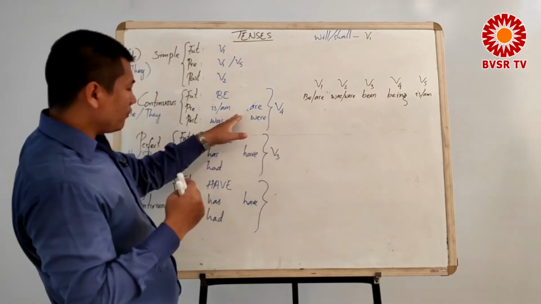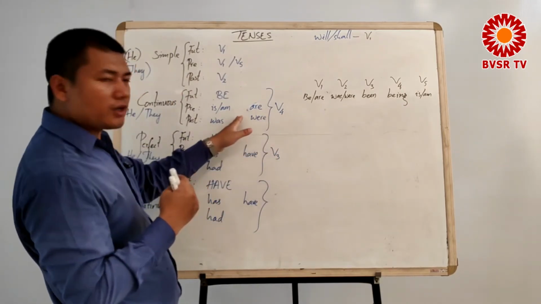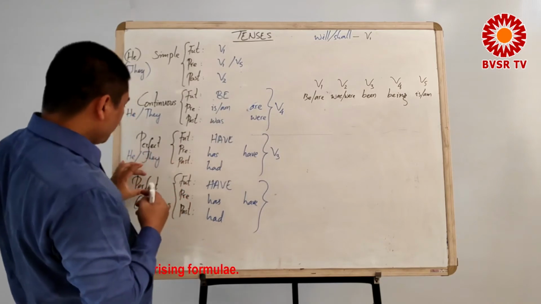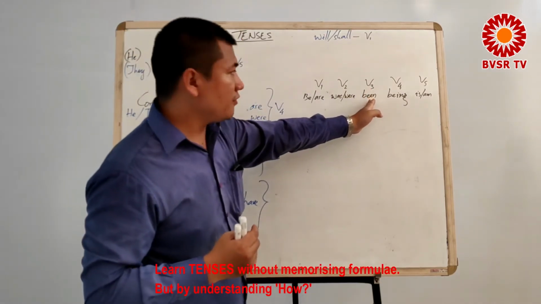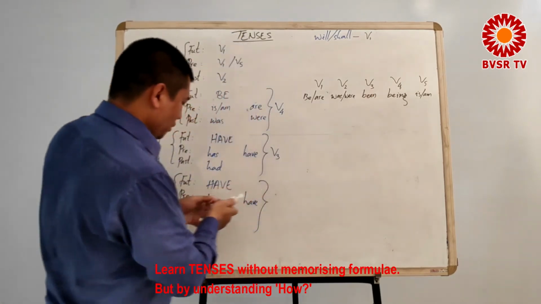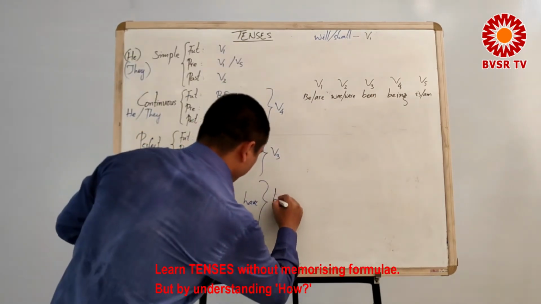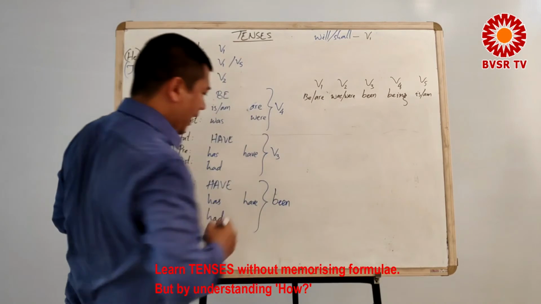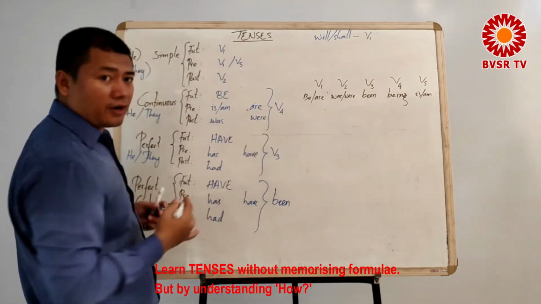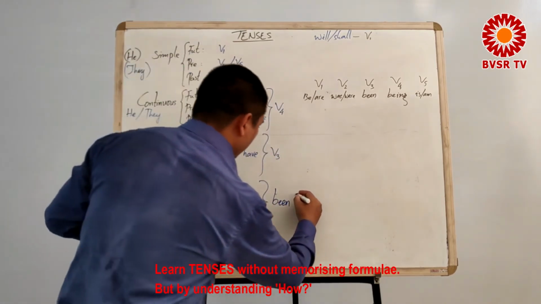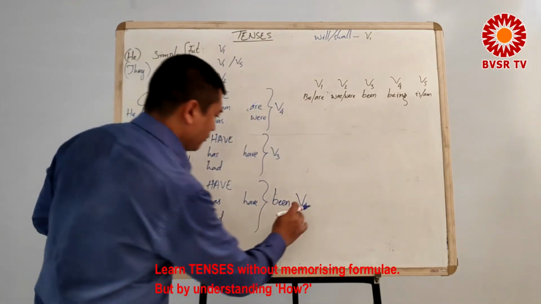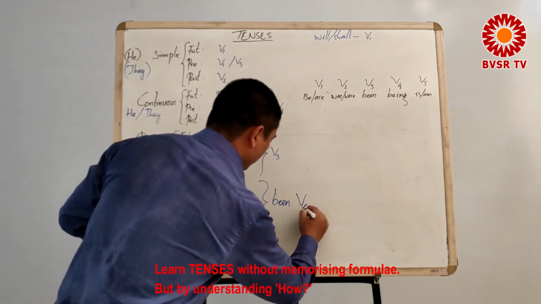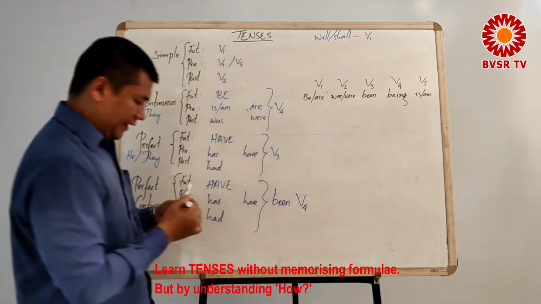V4 is continuous. Now, V3 we use for perfect and V4 we use for continuous tense. Perfect of be, that means V3 of be. So what is the V3 of be? Been. So that we adopted here. And keep in mind, the main verb will be V4, that is the ing form of the verb, which is continuous again.